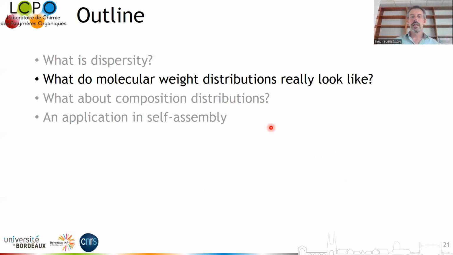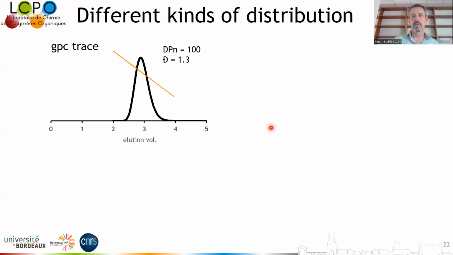Now, if we want to go a bit further, we can look at what molecular weight distributions really look like. So to do that, we first need to remember that there are different kinds of distribution. When we analyze a polymer, we might run it through a GPC, and we'll obtain a GPC trace, which might be a DRI trace, which tells us what is the mass of polymer that's leaving the system or passing through the detector for a given elution volume.